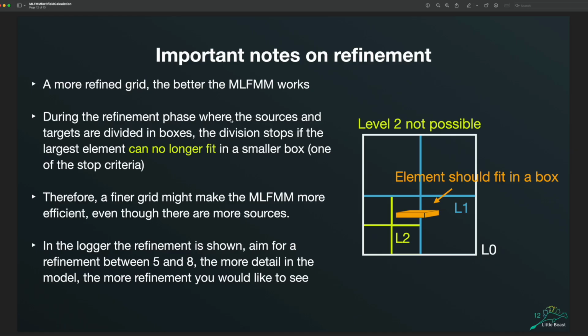One important note on the refinement of the grid is the more you refine the grid, usually, the better the multi-level multipole method works. So during the refinement phase, where the source targets are divided in boxes, the division stops if the largest element can no longer fit into a small box. So here you have an element that would no longer fit into just a single box, and then the algorithm says it stops.